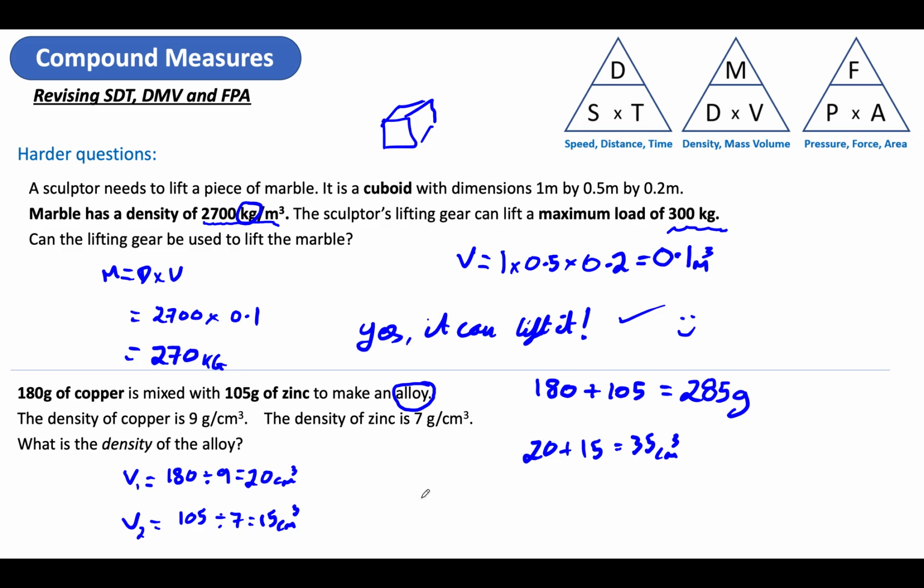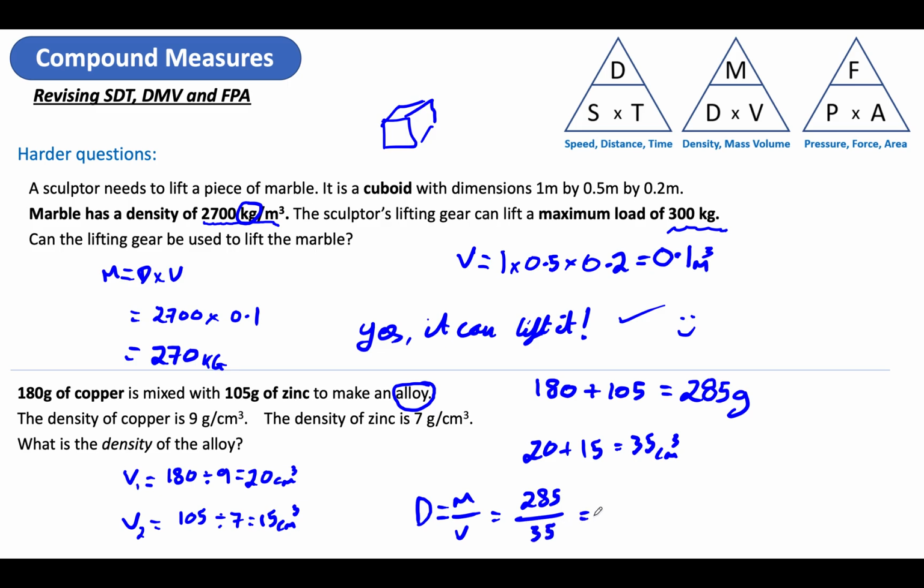So now we want the final density of this alloy. Density is mass over volume, M over V. Our total mass is 285 for the alloy, and its total volume is 35.